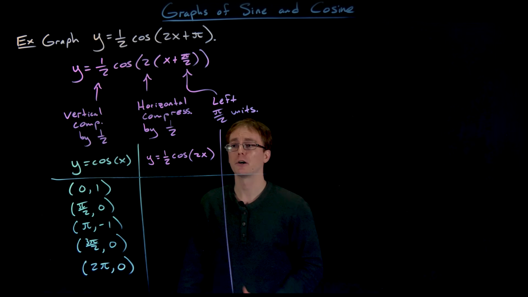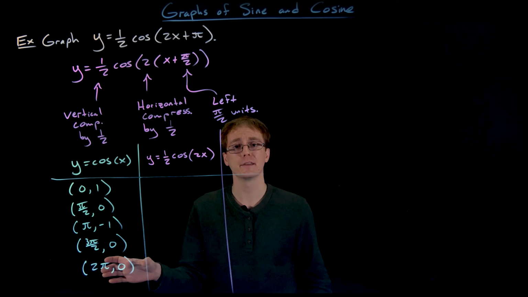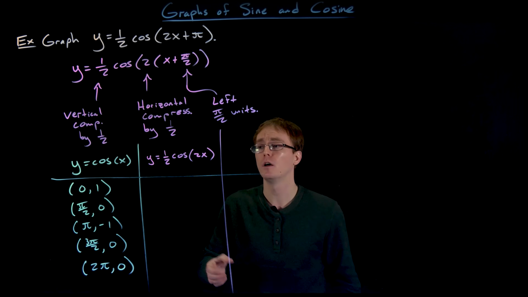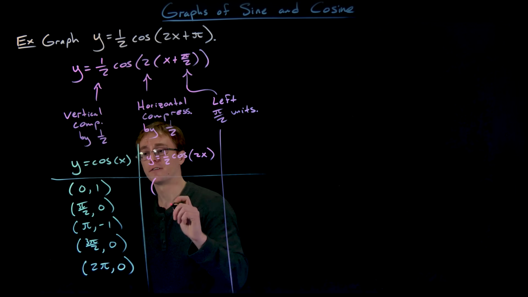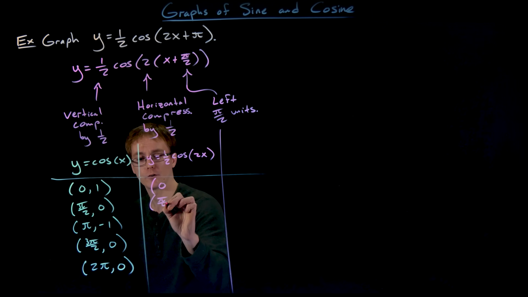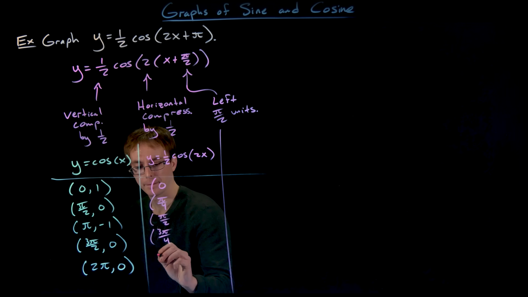So this next column in our table is actually going to be taking these original 5 points and transforming them to find the corresponding 5 points on this intermediate function, 1/2 cosine of 2x. So we divide all the x values by 2, so that'll become 0, pi over 4, pi over 2, 3 pi over 4, and pi.